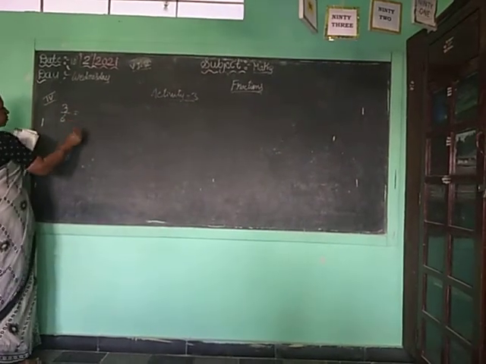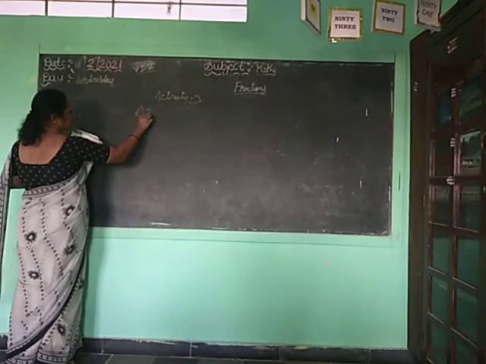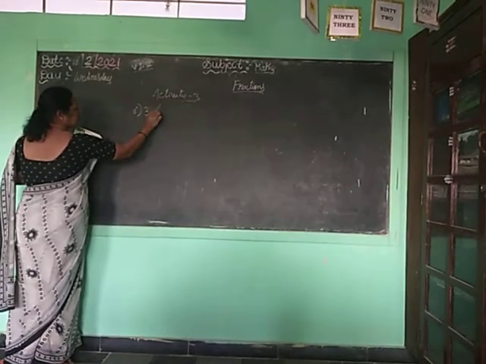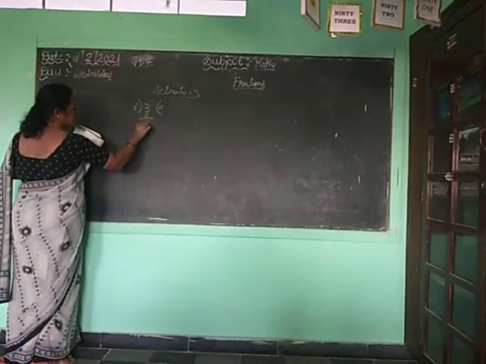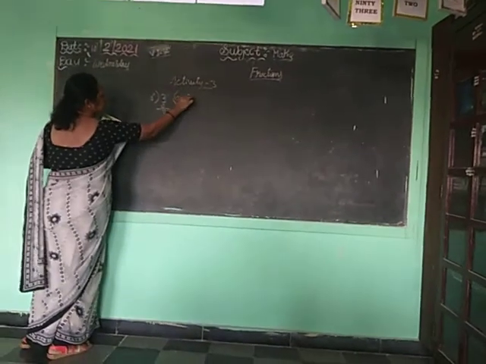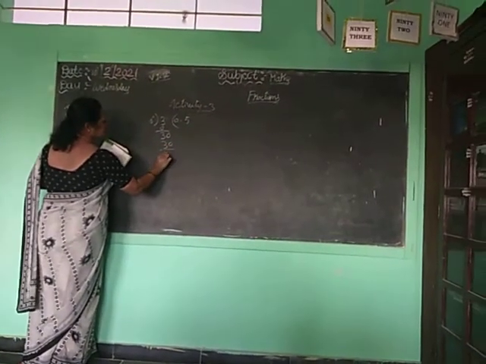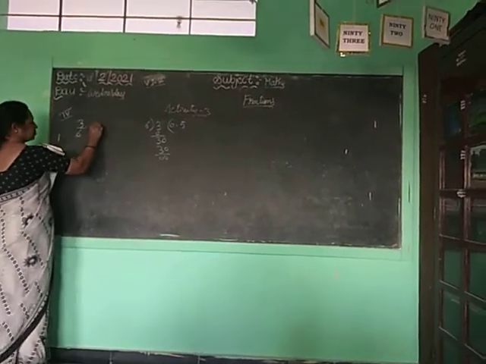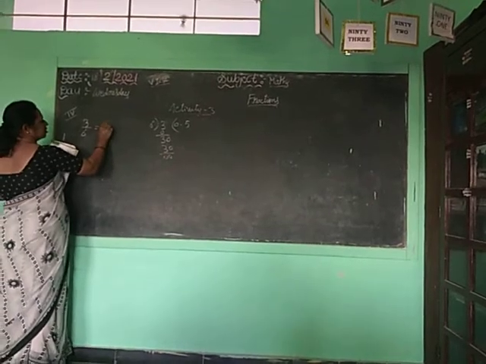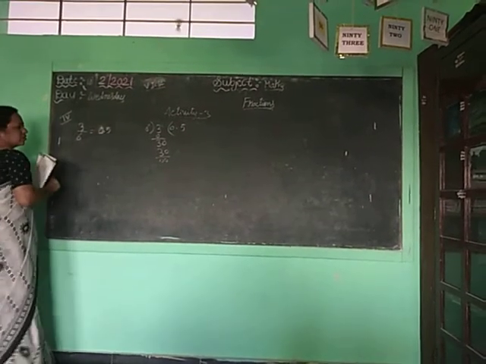How will you express 3 by 6? From 6 you divide 3. So you know that zeros are 0. You take the point 0. 6 5s are 30. Okay. 0.5. Okay children.